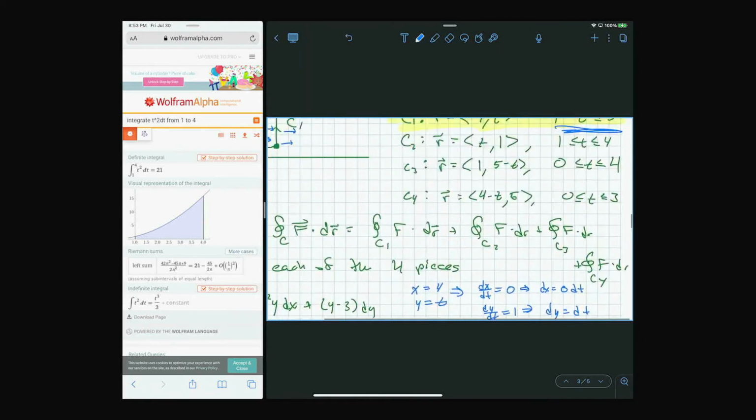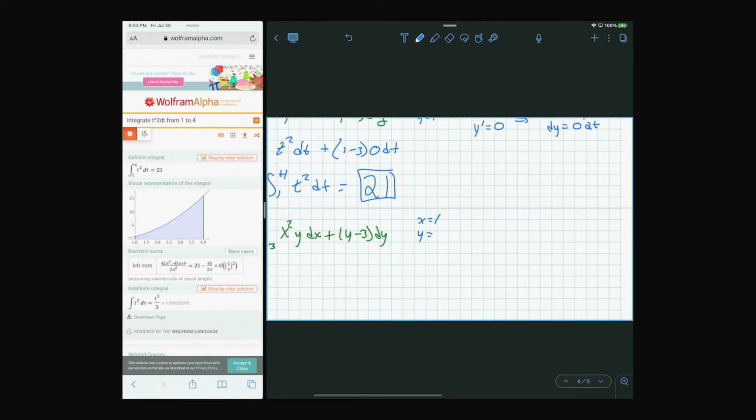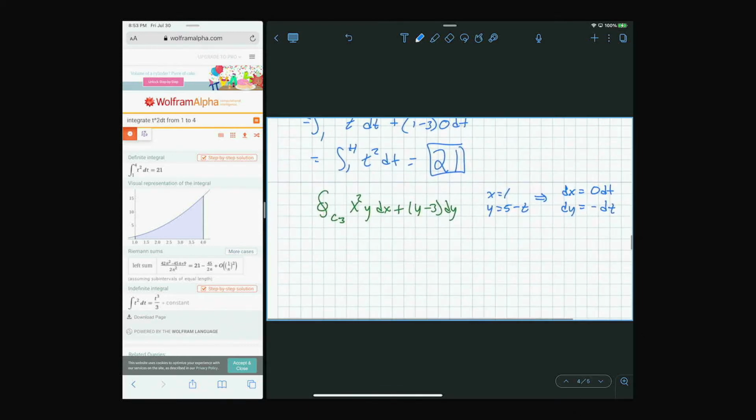What parameterization are we using for C3? 1 and 5 minus t, like that. So dx is going to be 0 dt. Dy is going to be negative dt, it looks like. So our integral here, I don't know the limits of integration yet, but x is 1 squared, 5 minus t, dx is 0 dt, plus y minus 3 is 5 minus t minus 3, dy, which is negative dt.